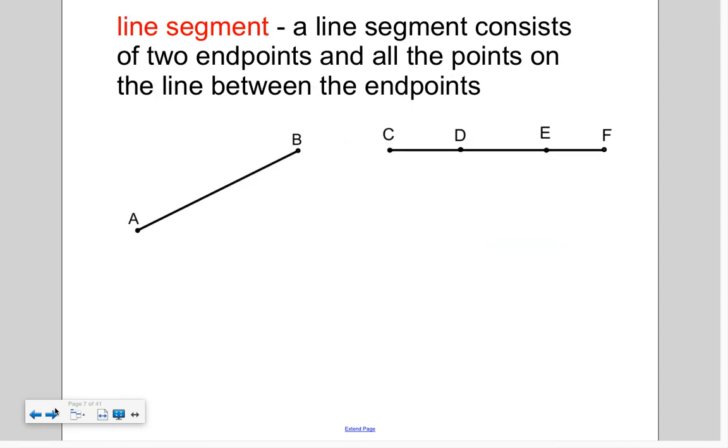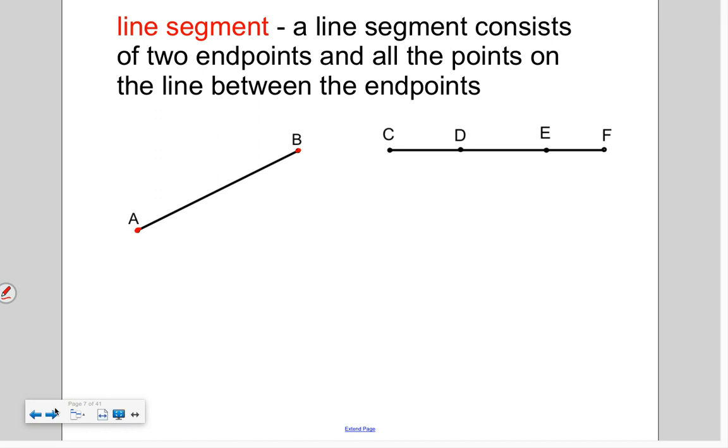A line segment. So we have 2 line segments here. We actually have a bunch of line segments, but we're going to talk about 2 of them. A line segment consists of 2 endpoints and all the points on the line between the endpoints. So in this case, there are no arrows on these lines. We have just A and B, and the lines stop. That makes it a line segment.